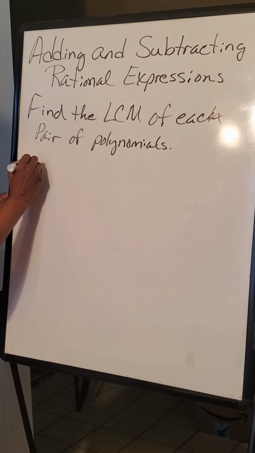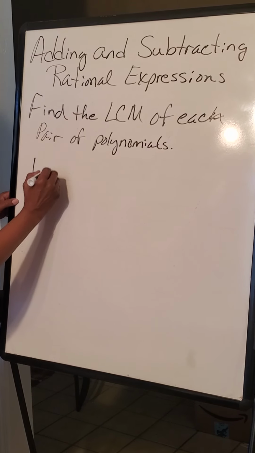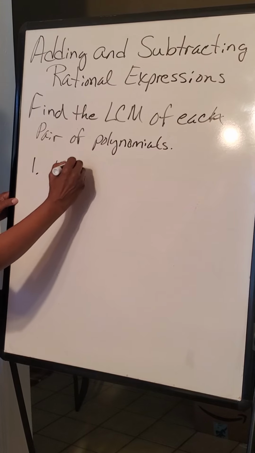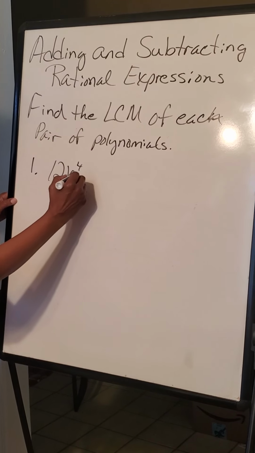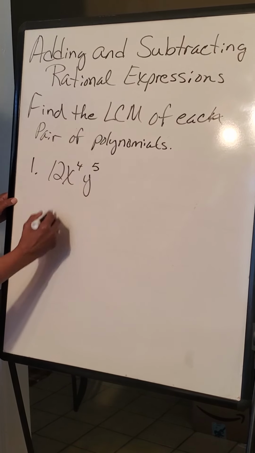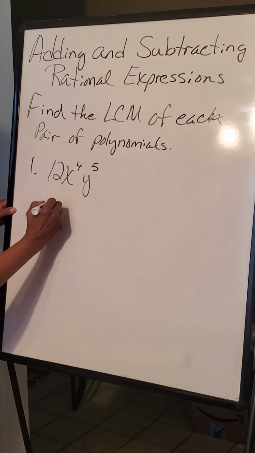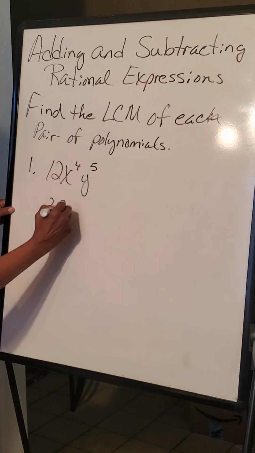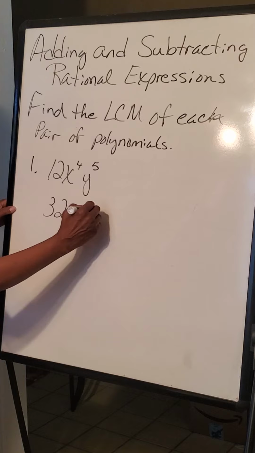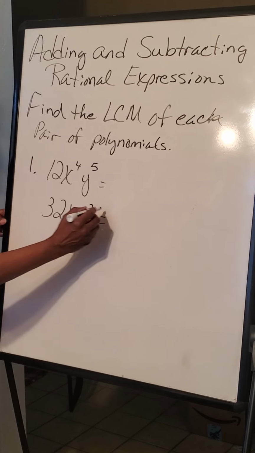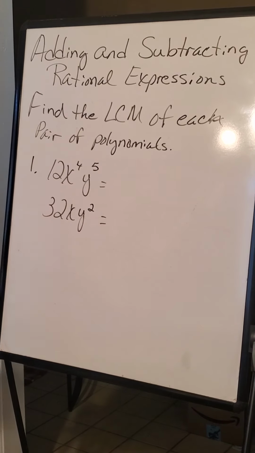So example 1. If I had 12x to the 4th, y to the 5th, and 32xy to the 2nd. Well, the first thing I'm going to do is prime factorization.